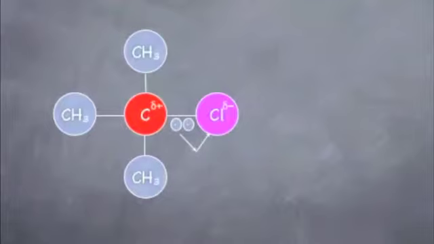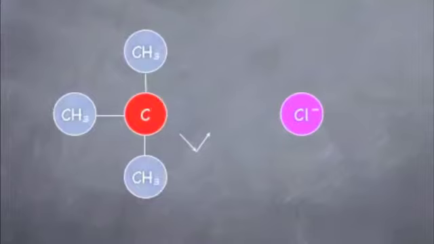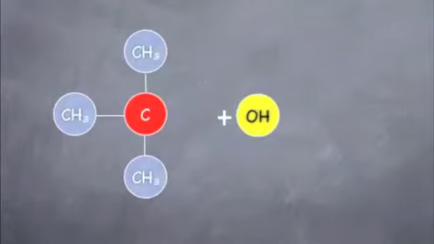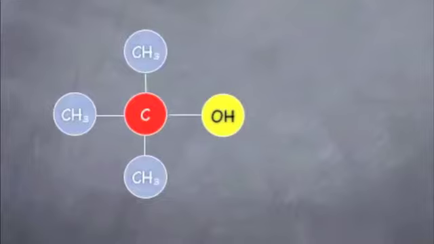You can see the reaction taking place, and then what you have is a carbocation and a chloride ion. And after this, the OH comes in and starts to react with the carbocation, and then they lose their charge, and then they combine to produce 2-methylpropan-2-ol.